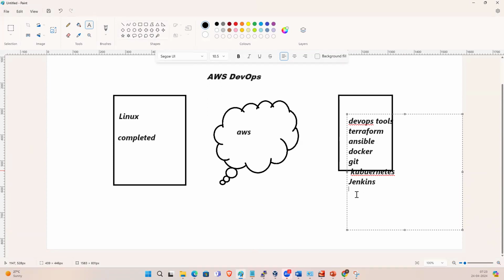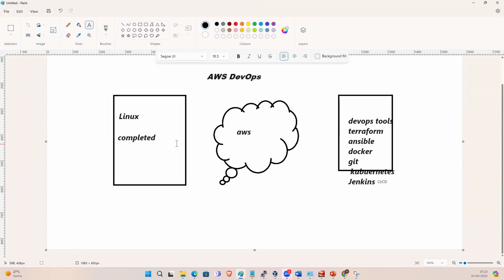Apart from this, guys, we will discuss these tools. Jenkins is the CI/CD tool.